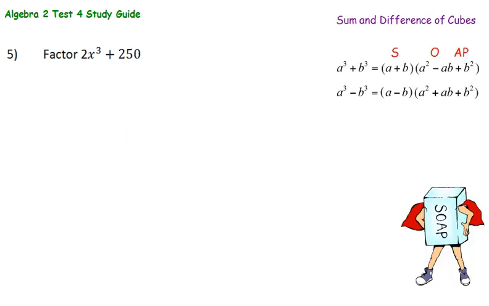So number 4 was factoring one type of pattern that was called a difference of squares. We looked at another kind of pattern. This particular pattern, if you look at the top right over here, is called the sum and difference of cubes. Cube just means something to the third power. So that should stand out to you right away, because you see that it's not something to the second power, it's something to the third power.